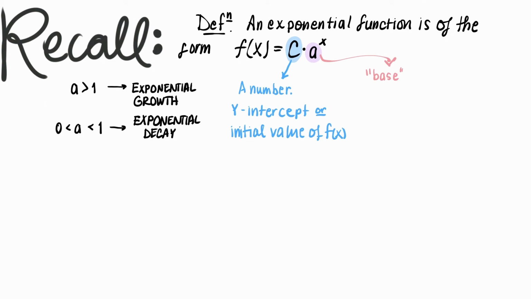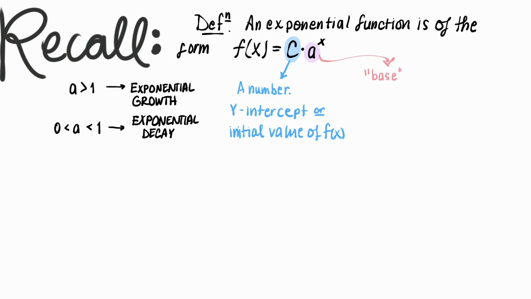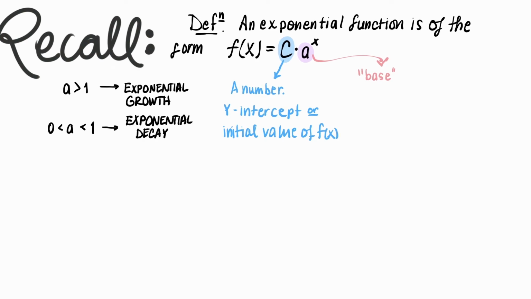We'll talk more about what this means, but a is the base. In terms of f of x, we call it the growth or decay factor. So it's the value by which f of x is multiplied when x increases by one time period.